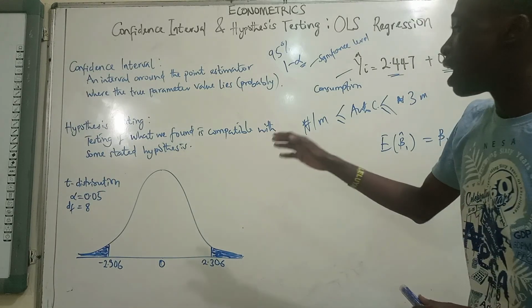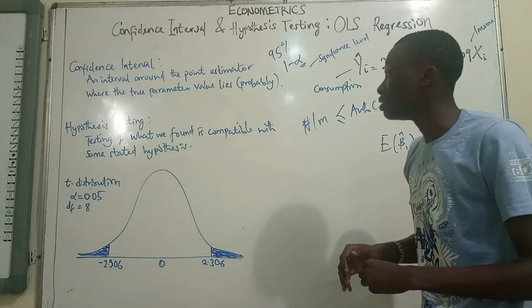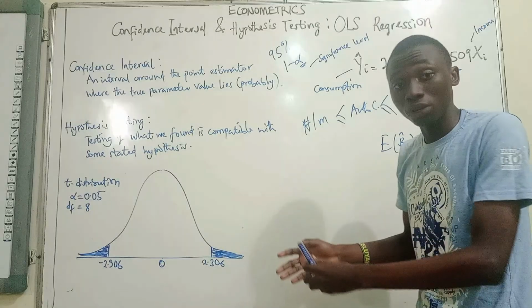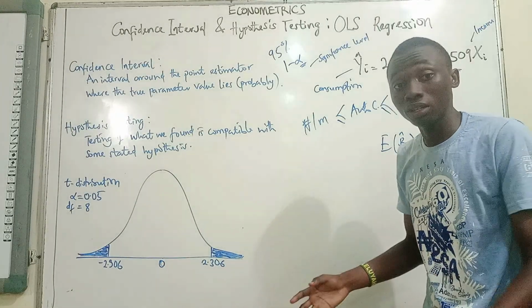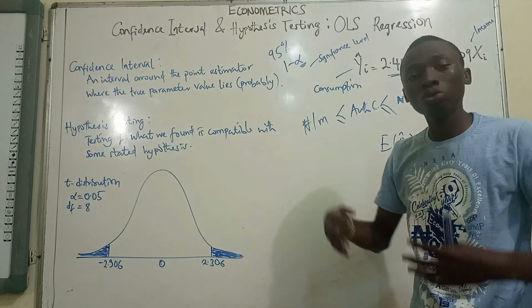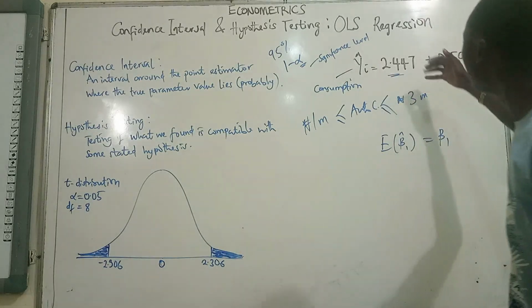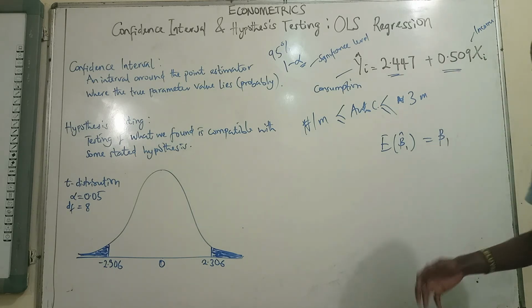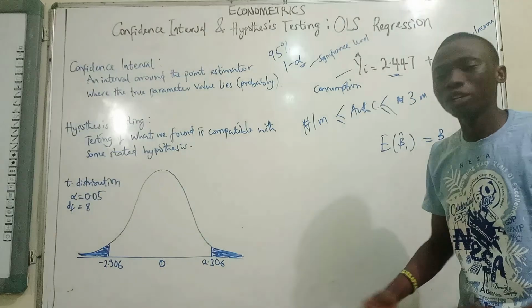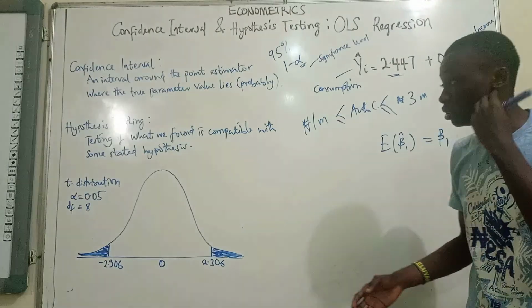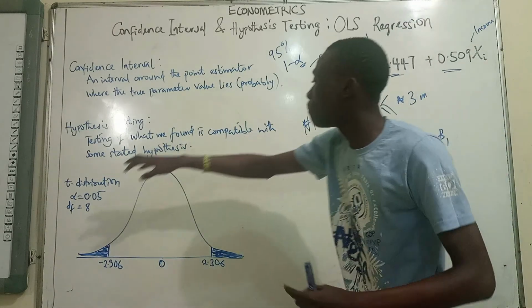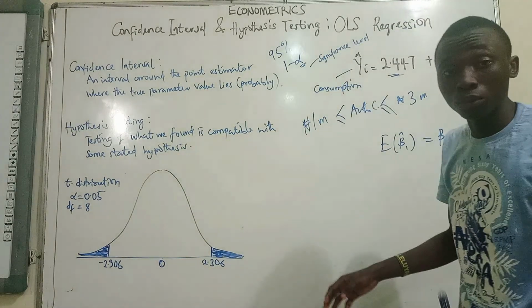Next is hypothesis testing. Rather than just getting your point estimate and estimating an interval, we could also test. We've discovered that the marginal propensity to consume is 0.509. Is this different from an arbitrary value or something that has been found in previous studies? So we are testing if what we found is compatible with some stated hypothesis.